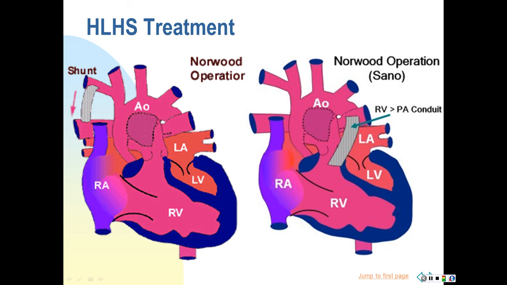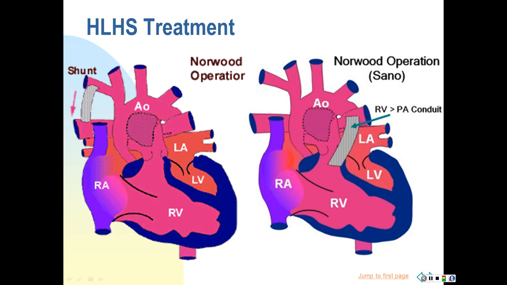Now, if a Norwood is being done on a very tiny little baby, this BT shunt is so small that it will clot off pretty quickly, probably before they even leave the hospital. So on kids under 3.5 or under 3 kilos of weight, they will do a Sano shunt instead.